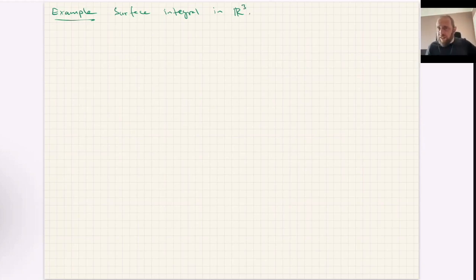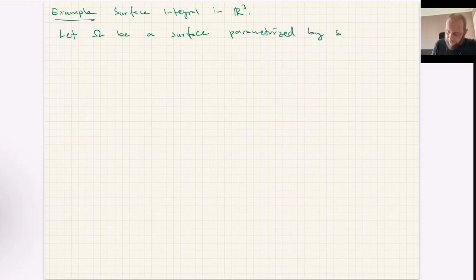This is kind of a flux integral that we would like to make. And capital Omega here now is a surface parametrized by s and t.